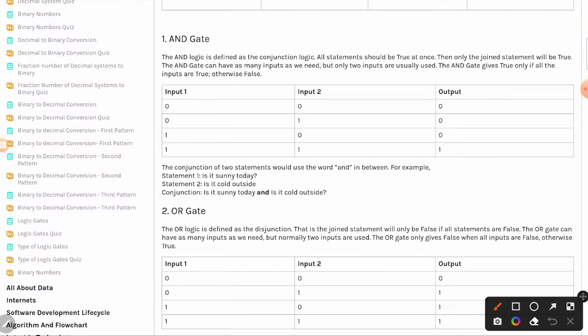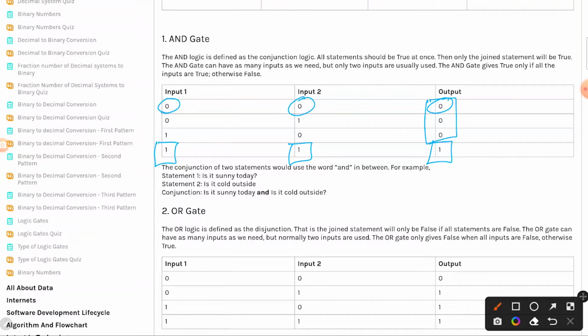If the first bulb is off, the second bulb is also off, and these 2 bulbs are connected by an AND gate, then the final output is 0. In all these cases, the final output is always 0 except the last one, where both inputs are on, or true. Let's understand this with an example.